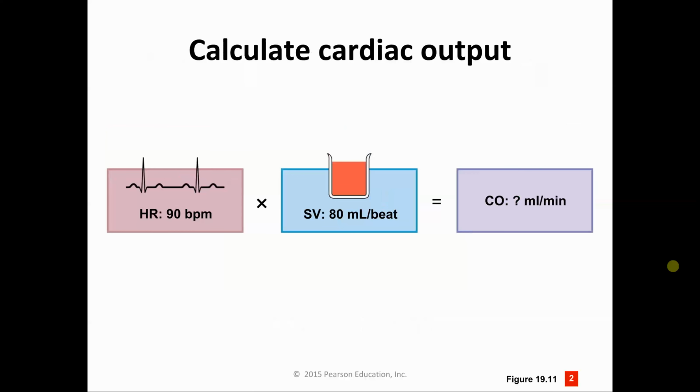Okay? So if a person had a heart rate of 90 beats per minute and a stroke volume of 80 mils per minute, take about 30 seconds, calculate that. Okay, what's their cardiac output going to be?